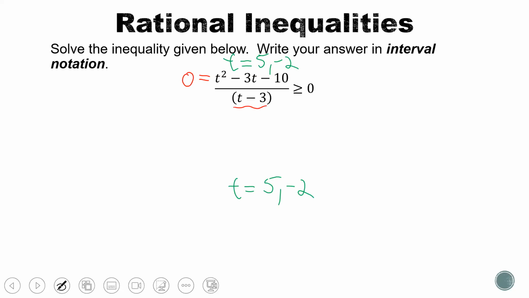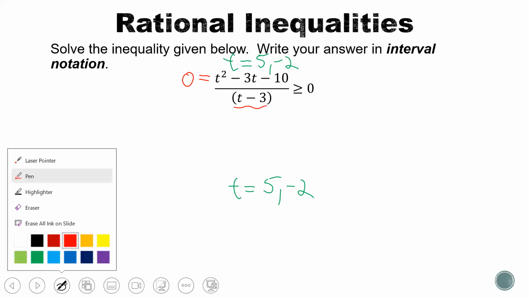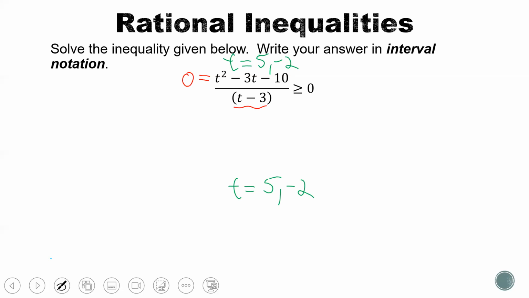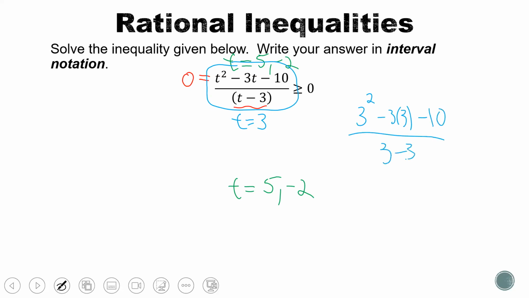So in this case, since the denominator there is t minus 3, the value that makes that equal to 0 is t equals 3. And that's important because if we were to plug in 3 into this expression for t, we'd have 3 squared minus 3 times 3 minus 10, all divided by 3 minus 3.